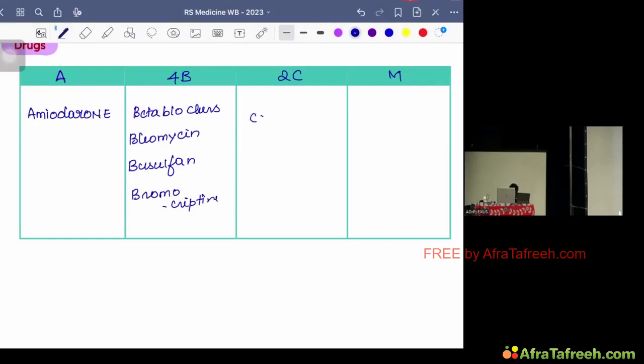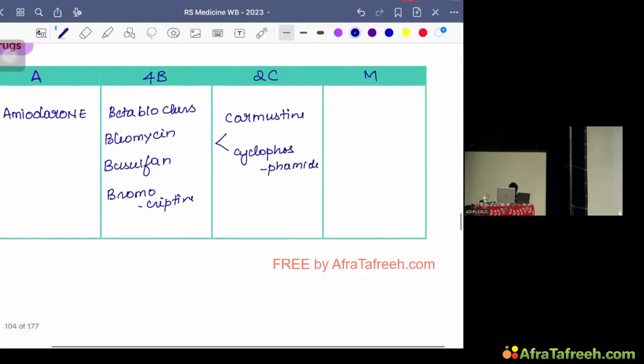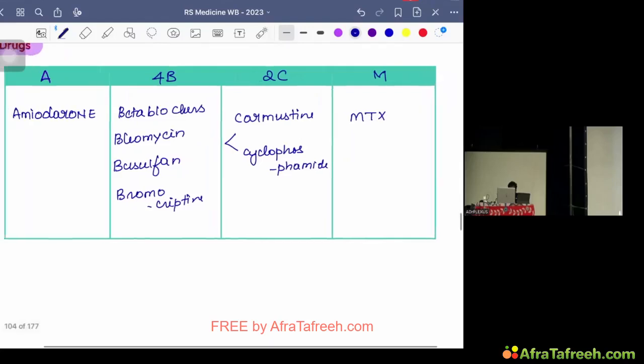In C you have to remember carmustine and cyclophosphamide. And you have to remember 1M. The M is methotrexate.